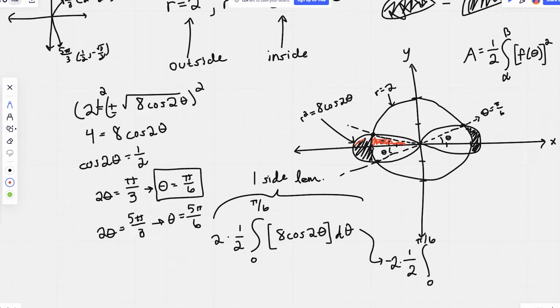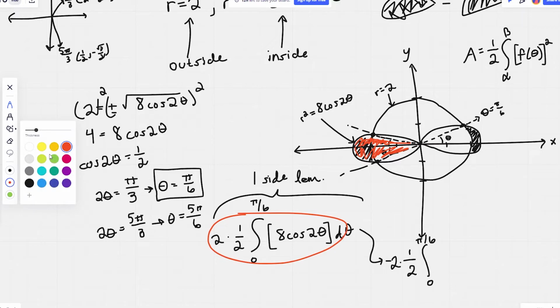Oh, for the last one, I should have highlighted this entire area, right? For this one, we're looking at this whole area. And for this one, which we're not really done with, we're going to be looking at only the area of the circle.